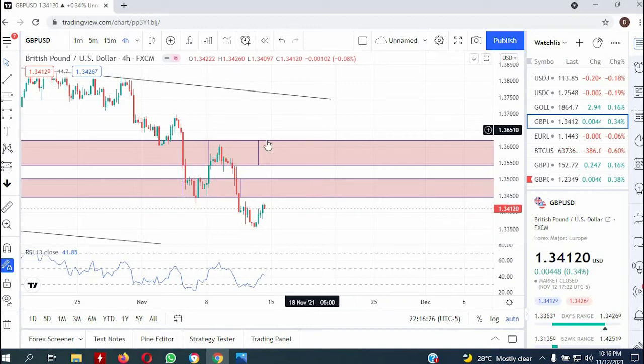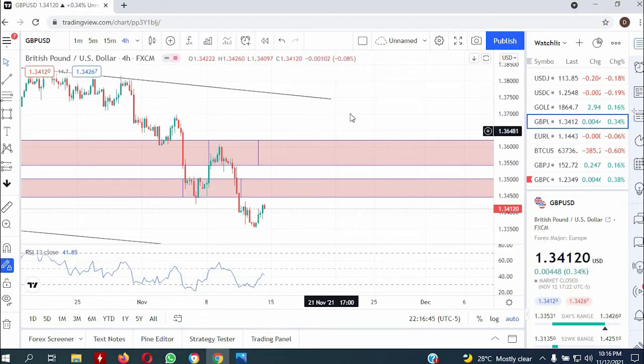However, if the GBP USD breaks through this area or this area, then you'll have to watch whether it is going to break through this area right here.